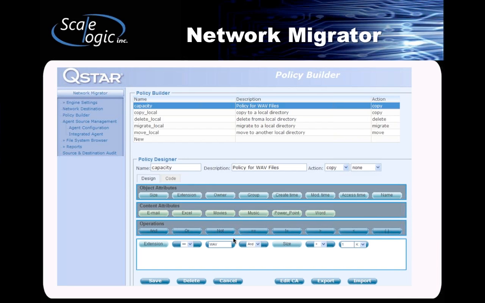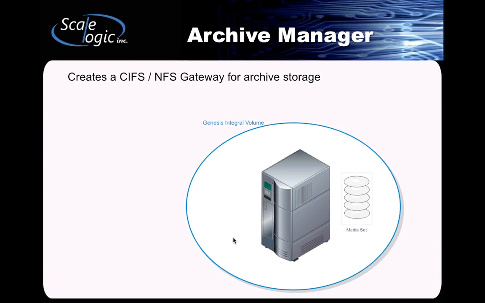We focus on the simplicity of it with our clients mostly, but if they need to go deep into the policies, we certainly have the ability to do that and consult them on that as well. Those are all the basics that are tied around the archive manager.